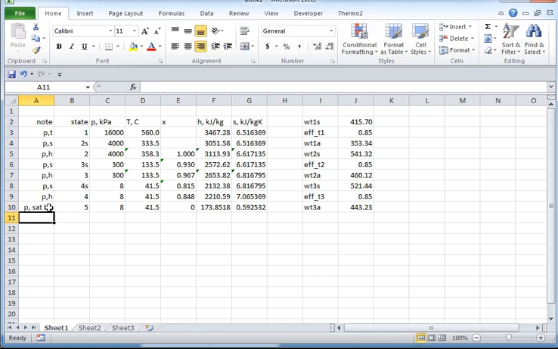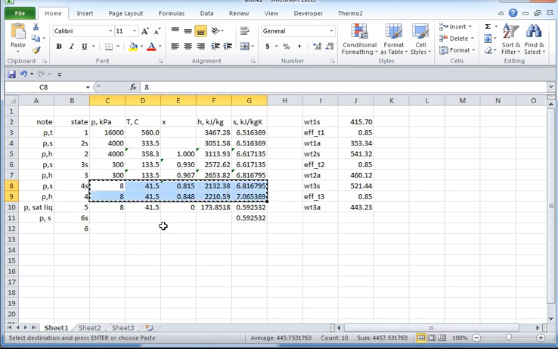How about state 6? That's knowing the pressure and entropy, right? P and S. Because first of all, we're going to do 6S, isentropic compression through the pump, and then we're going to modify it to get the actual. So it's just like before, it's just like this sequence of calculations right here.